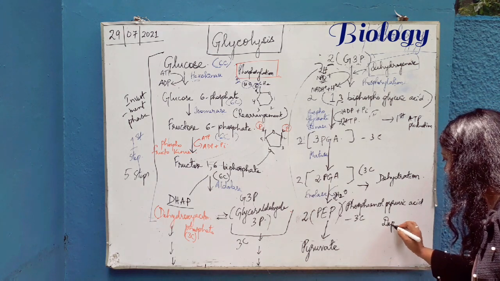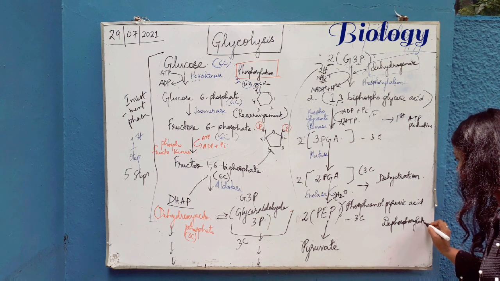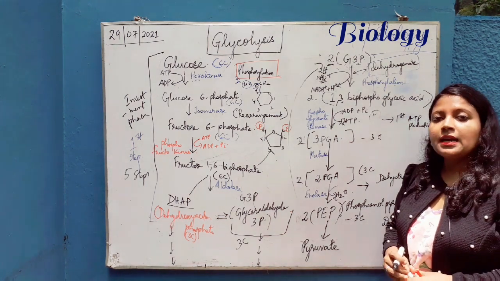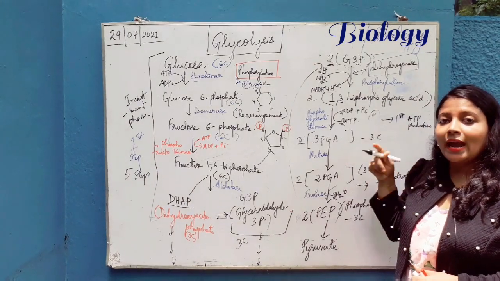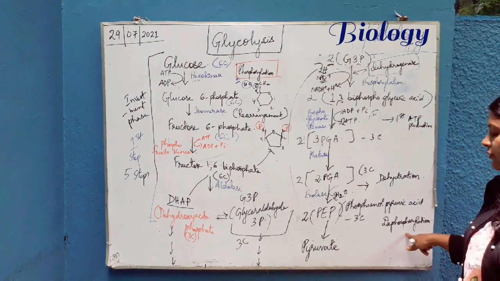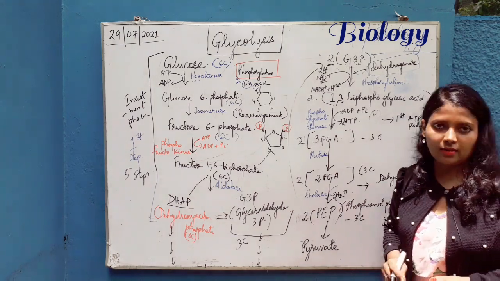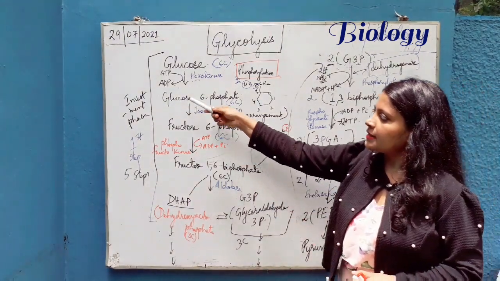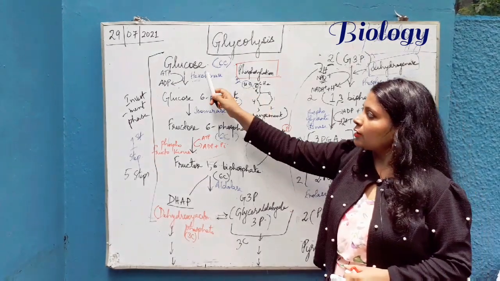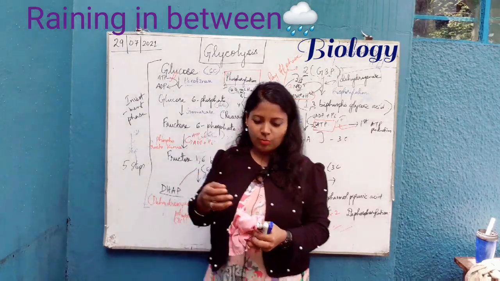Okay, here dephosphorylation takes place, because one phosphate is removed from the compound to add to ADP to form ATP, and that is called dephosphorylation. So don't confuse phosphorylation and dephosphorylation here. Here it is ATP to ADP, that's called phosphorylation, where the phosphate has been added. But here it rained, so I stopped here.